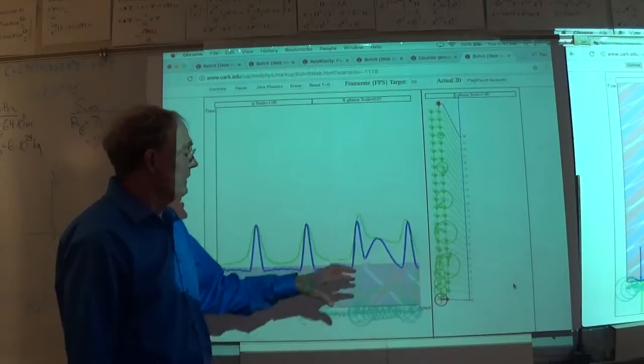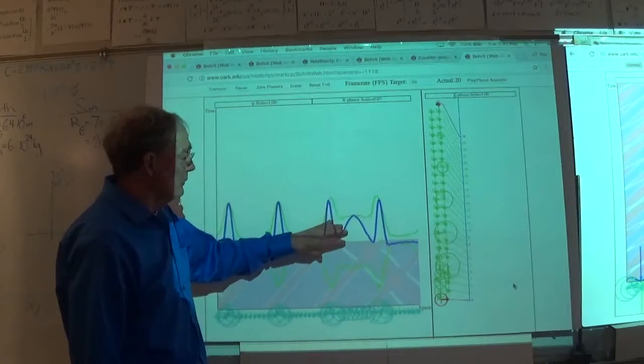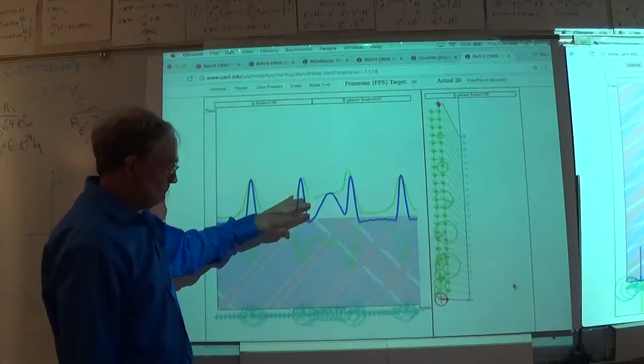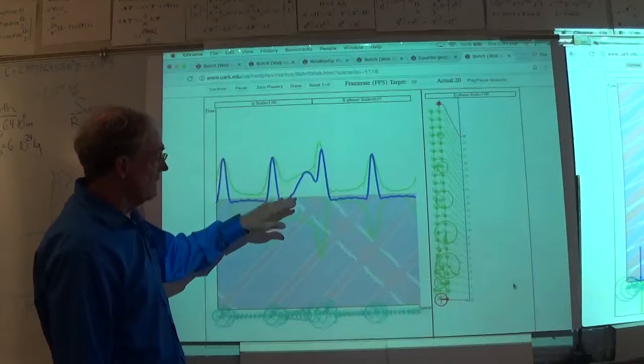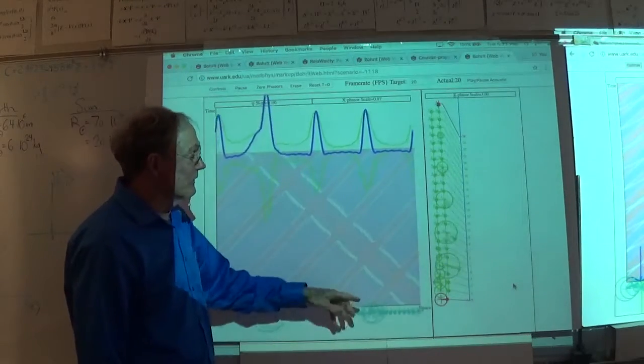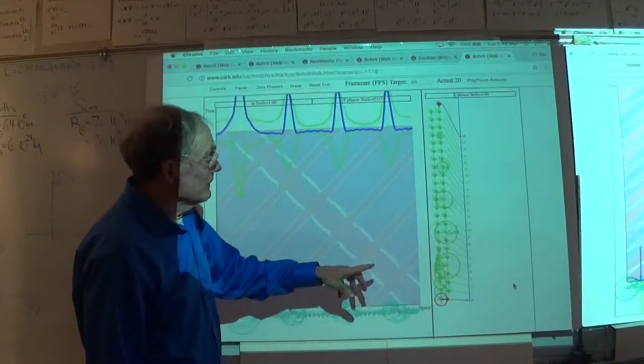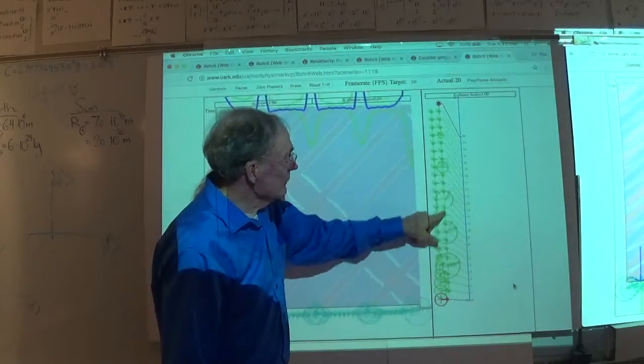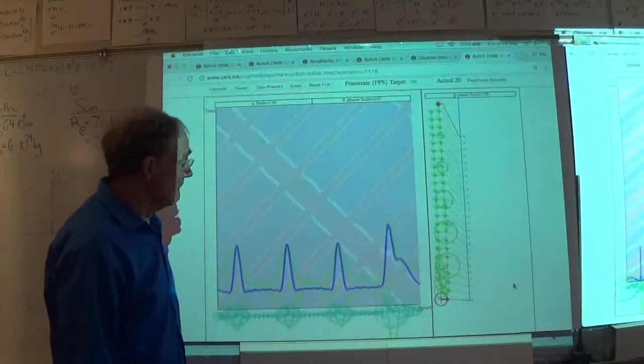But anyway, this has a pulse coming through that goes on that path, and then a whole bunch of high frequency pulses associated with these guys here going the other way.